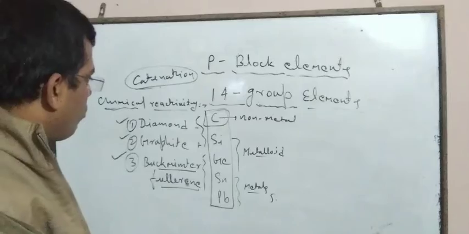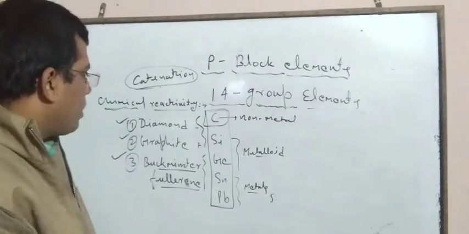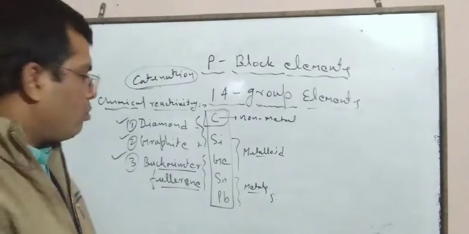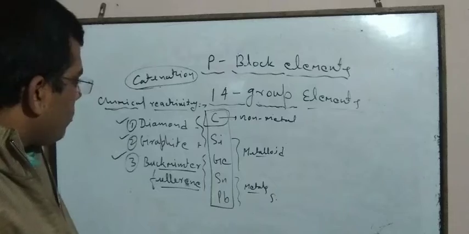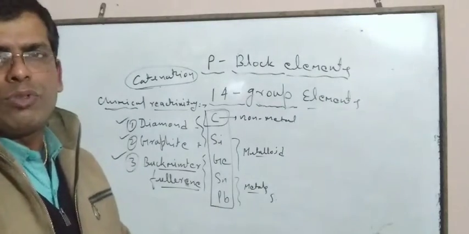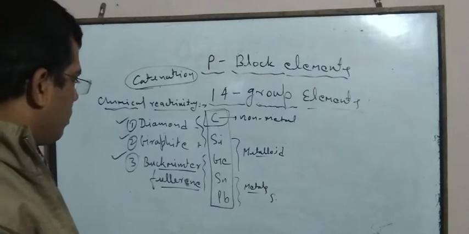Hence, graphite is a good conductor of heat and electricity. In graphite, each carbon is sp2 hybridized. Graphite is used to prepare different electrodes and cells.